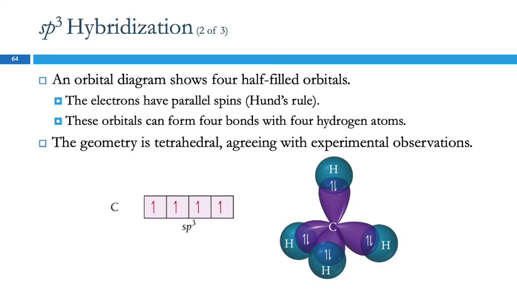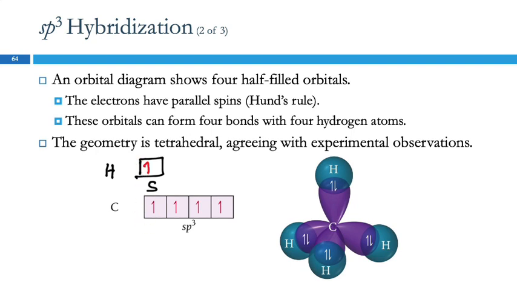So when it interacts with hydrogen, hydrogen has its s orbital that's half-filled. So carbon hybrid orbitals, those are these purple ones here, and then this is the s orbital from a hydrogen. And so we get overlap, and you say, well, these both are spin up.